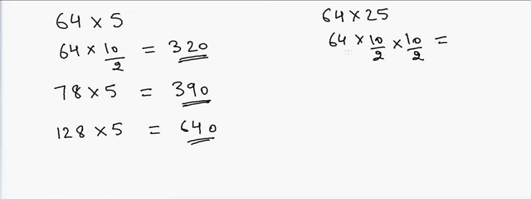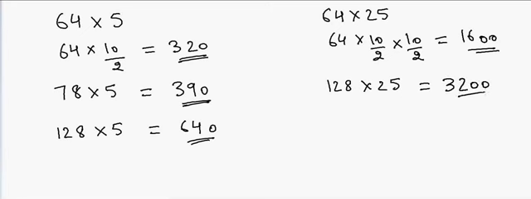Half of 64 is 32, half of 32 is 16. The answer is 1600. Again, if I have 128 and want to multiply by 25, in that case it will be equal to half of 128 is 64, and half of 64 is 32, so it's 3200.